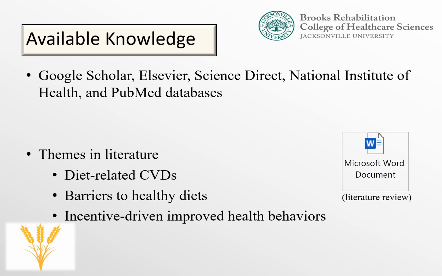The themes in literature were diet-related cardiovascular diseases, barriers to healthy diets, and incentive-driven improved health behaviors. The literature review that's embedded in this slide here to your right will be available upon the instructions in the description box.